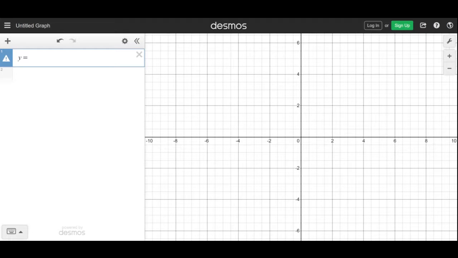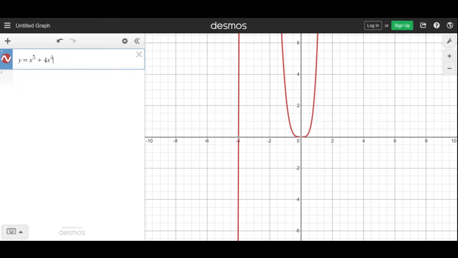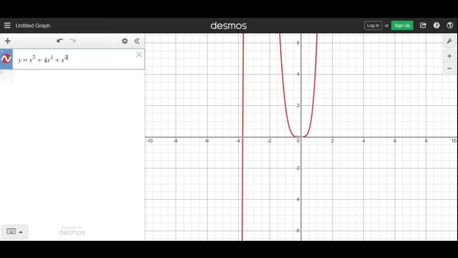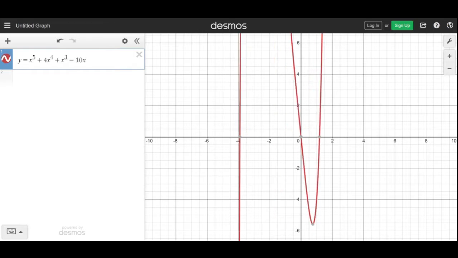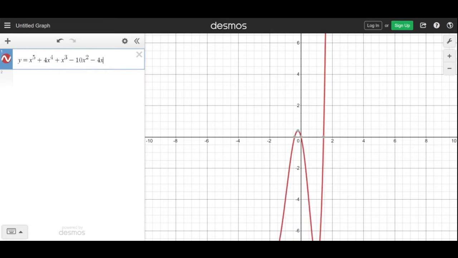Power of 5: put x to the power of 5, plus 4x to the power of 4, plus x cubed, minus 10x to the power of 2, minus 4x.